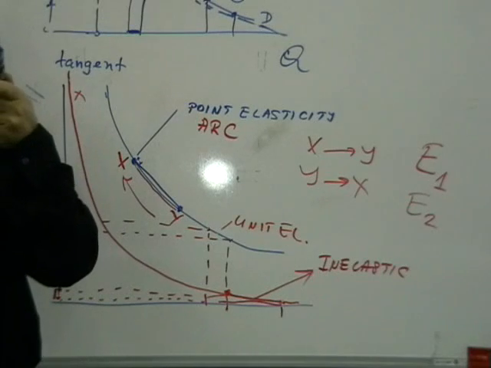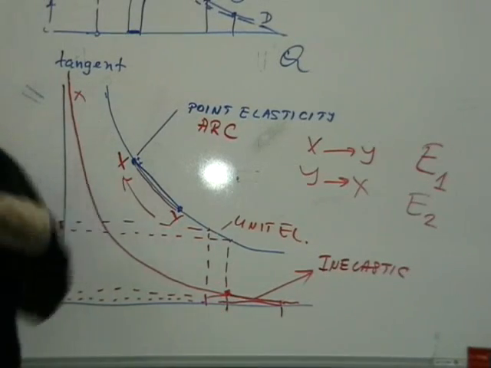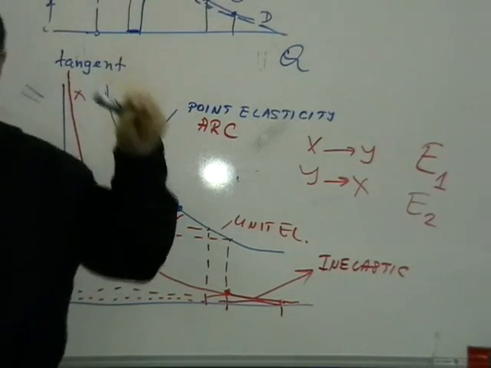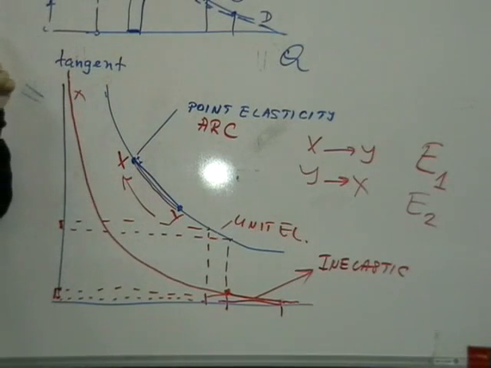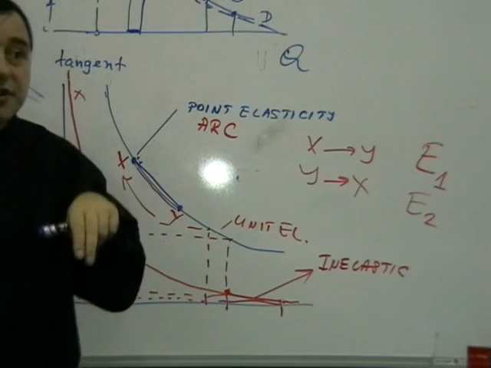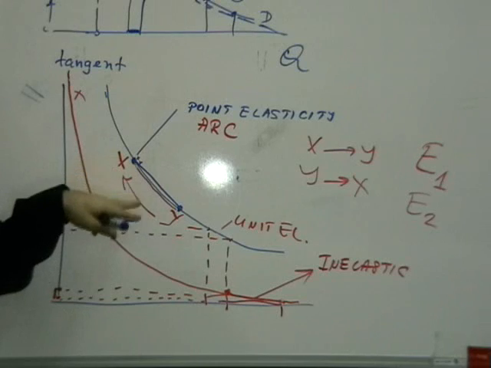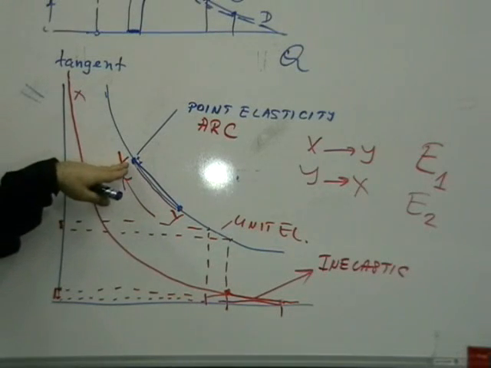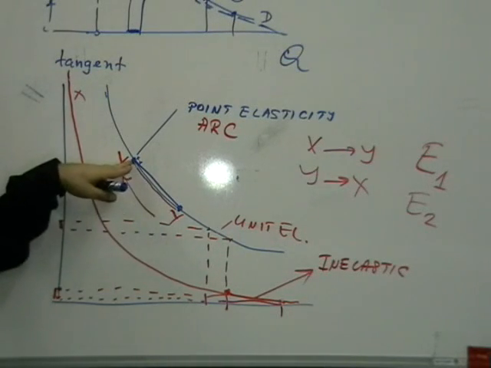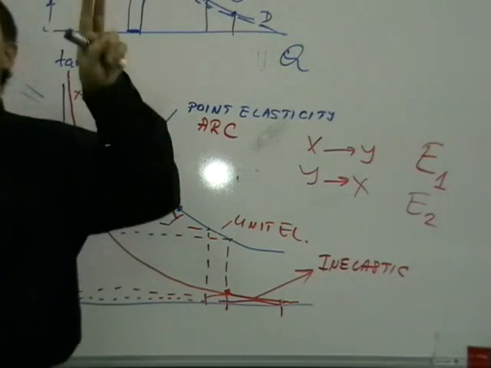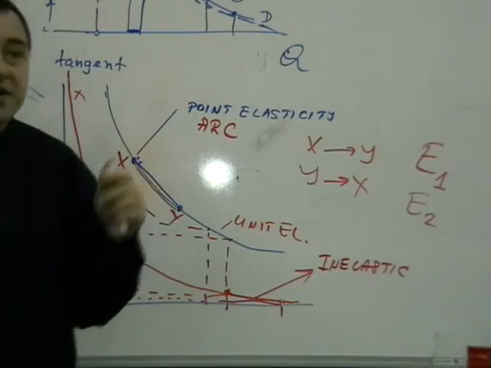Price goes up, quantity goes down, and vice versa. So usually the number is negative. And in economics we prefer to use positive numbers, so we take the modulus. So the minus or the plus in this particular case is irrelevant. In other words, whether you travel the path from here to here or here to here, the elasticity will be the same. We always use modulus, and it's a positive number.